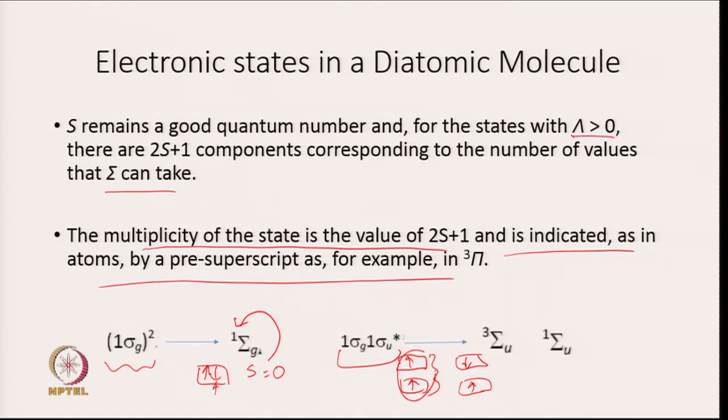When both are up, your multiplicity is going to be 3, and when one is down and one is up, then your S is equal to 0 and multiplicity is going to be 1. So due to S you have two different energy states, whereas for the electronic configuration 1 sigma g 2 there will be 1 electronic state.